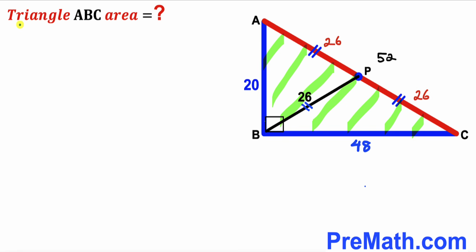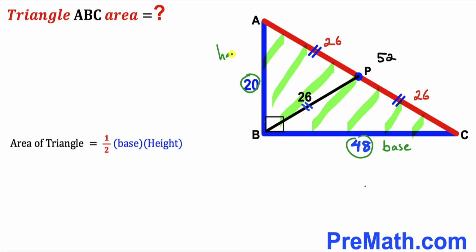And here's our final step. Now we are going to calculate the area of triangle ABC. Let's recall the area of a triangle formula once again. Area equals a half times base times the height of the triangle. In our case, the base of this triangle is 48, whereas 20 is the height.